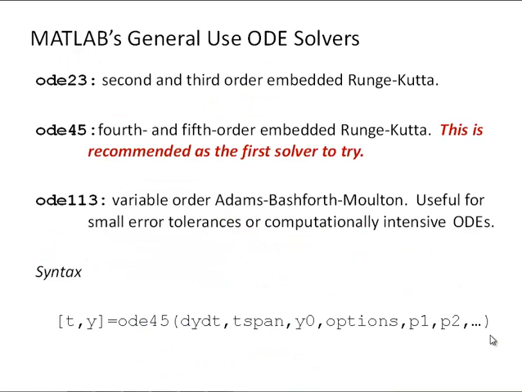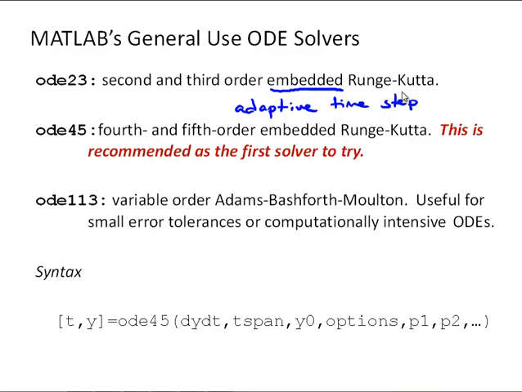Here are a few of MATLAB's general use ODE solvers. ODE23 is a second and third order embedded Runge-Kutta solver, and remember that embedded Runge-Kutta is how the adaptive time step is implemented. ODE45 is a fourth and fifth order embedded Runge-Kutta method.